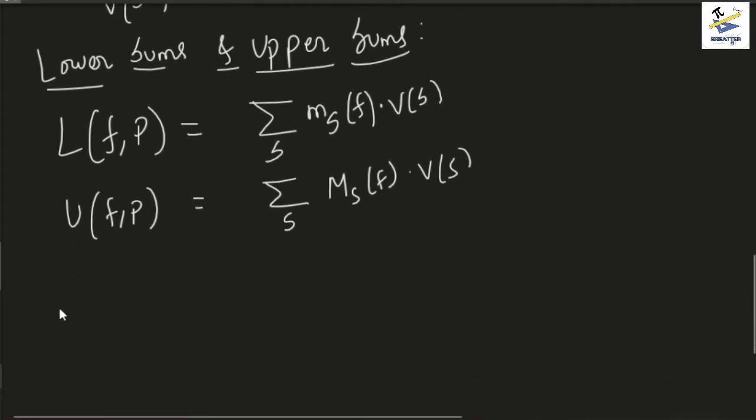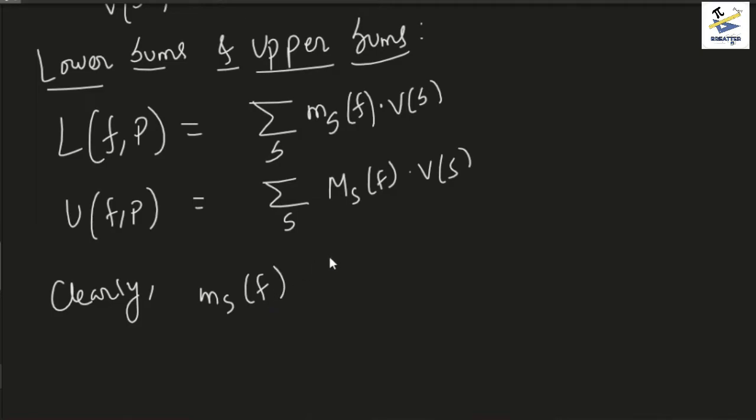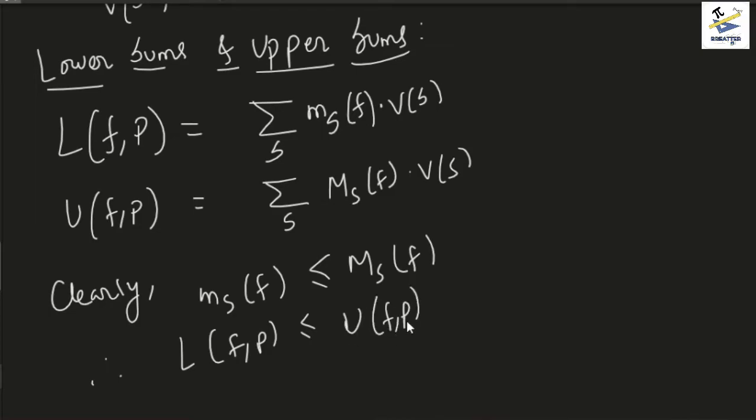And clearly small m_S of f is less than or equal to capital M_S of f, because this is the infimum and this is the supremum. Therefore L of f comma P is less than or equal to U of f comma P, right?